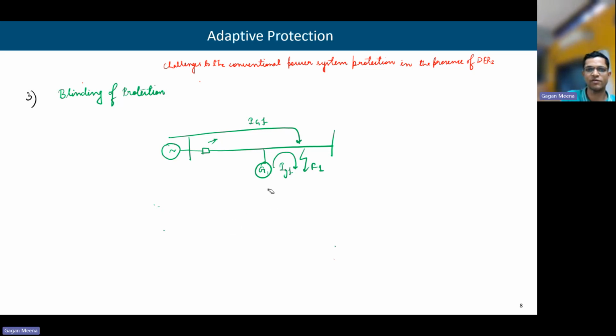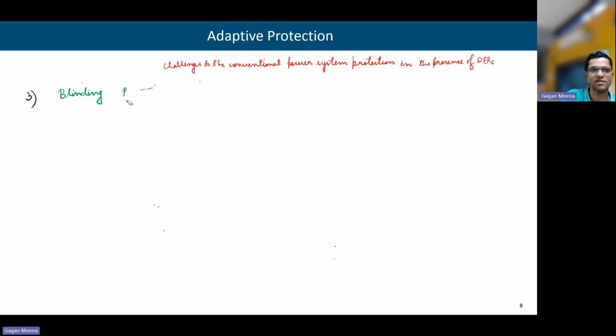So these are the four issues, and all of them are addressed by making some changes in the protection system. The first one is to include a directional element with the overcurrent relay.